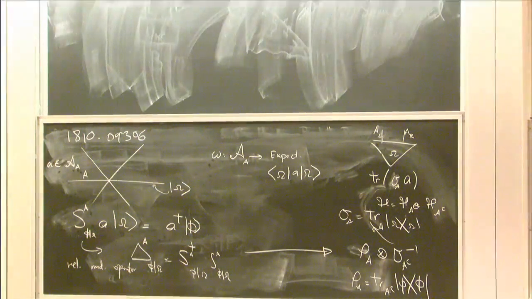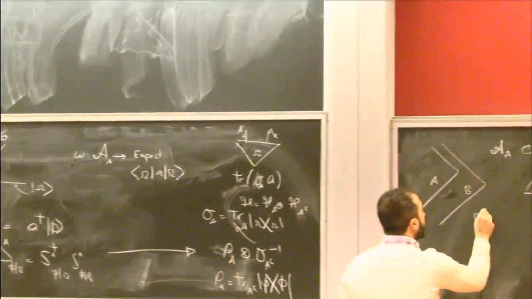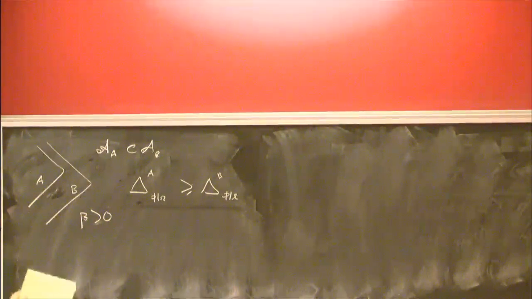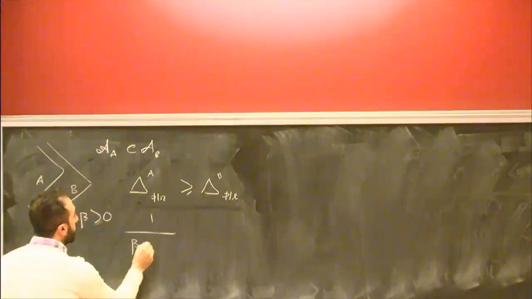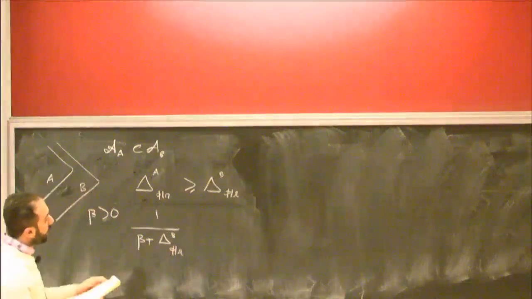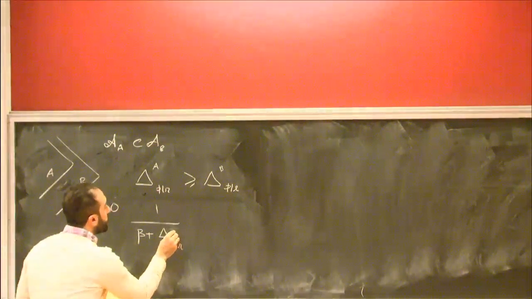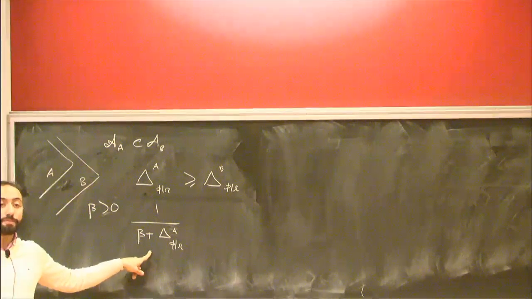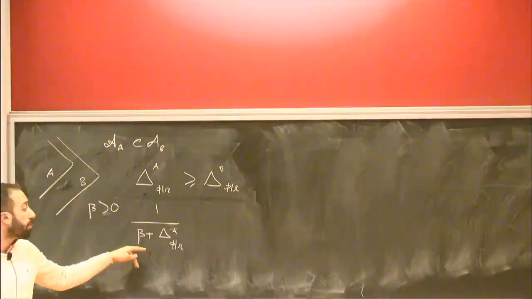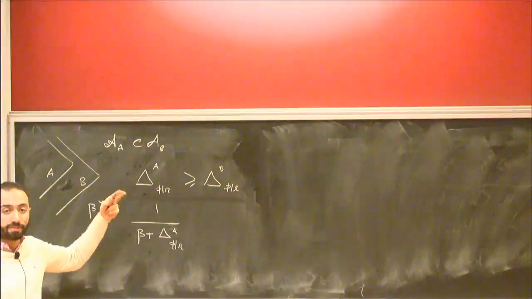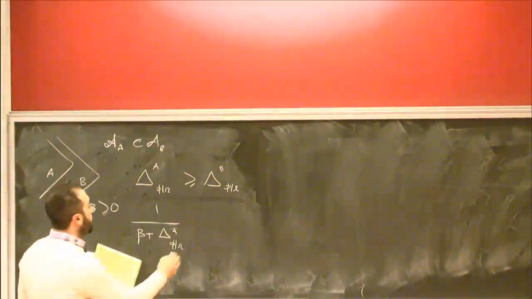So what I mean by the monotonicity of this operator inequality is that for any beta larger than 0, if I look at this operator, this operator is bounded and defined everywhere in the Hilbert space. Why is it bounded? Because it's a bounded function of an operator that's unbounded, so it has to be bounded.